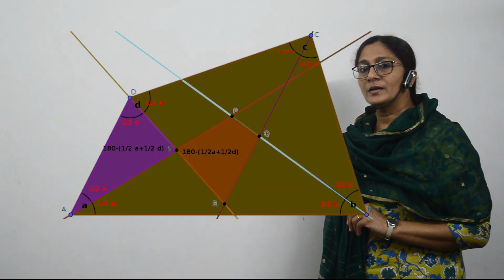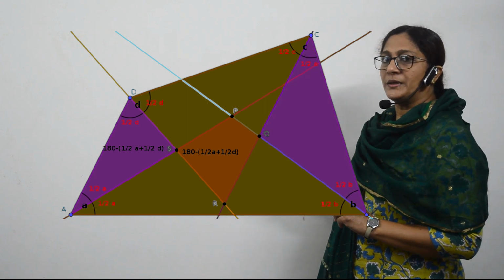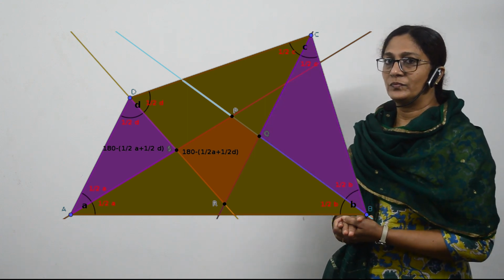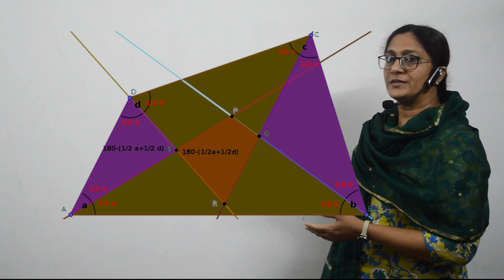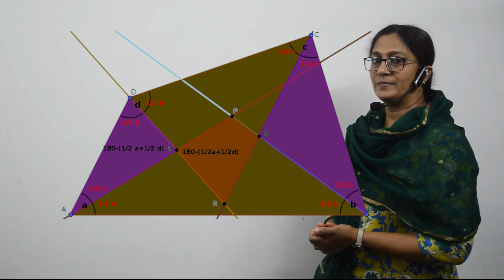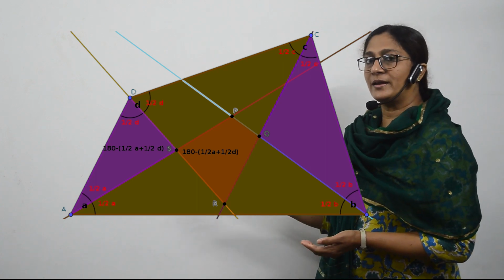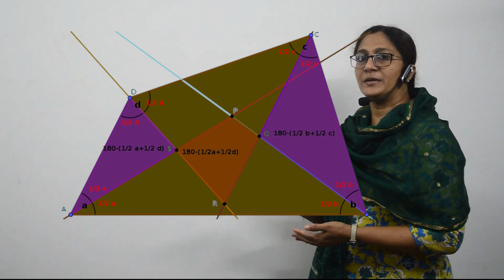Similarly, look at the triangle CQB. Two of its angles are half C and half B. Then the angle CQB will be 180 minus (half C plus half B).